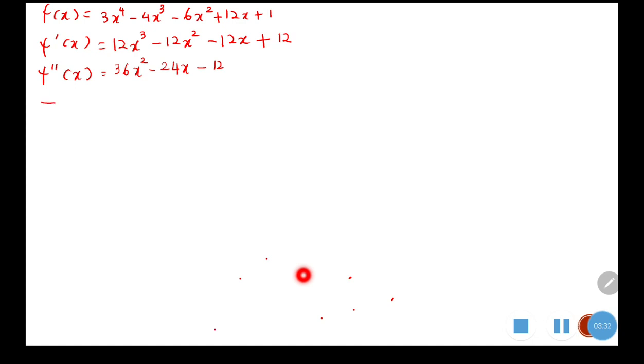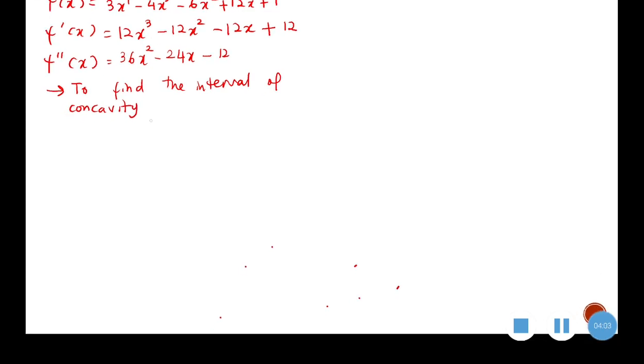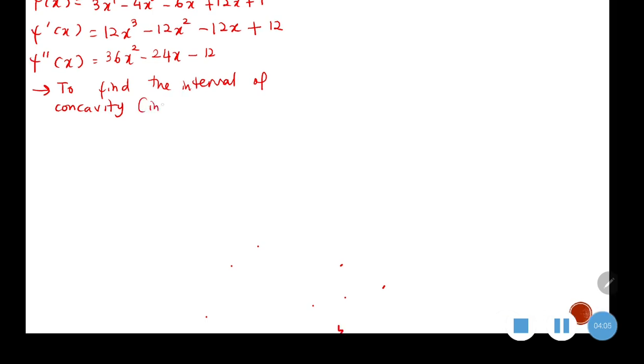I'm going to write this down. To find the interval of concavity or inflection point: an inflection point is when the concavity goes from concave down to concave up, or from concave up to concave down, where it changes its concavity.